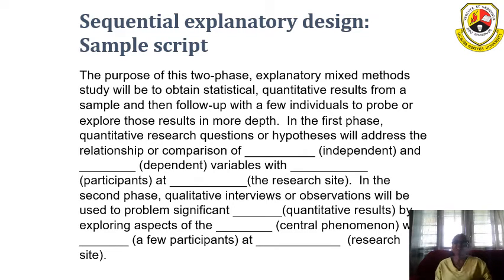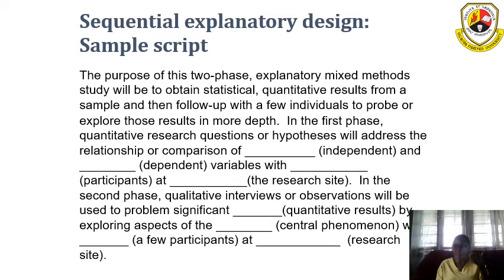So here we have a sample of text a researcher may use to explain your sequential explanatory design. Now, why am I placing this here? You can take time to read even the slides that are accompanying this video.